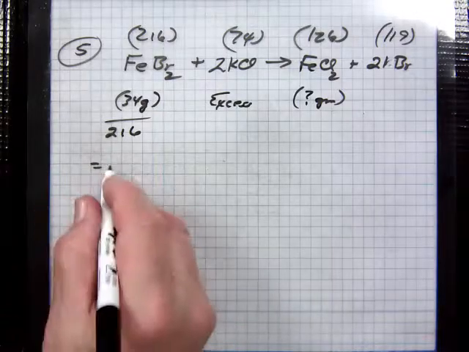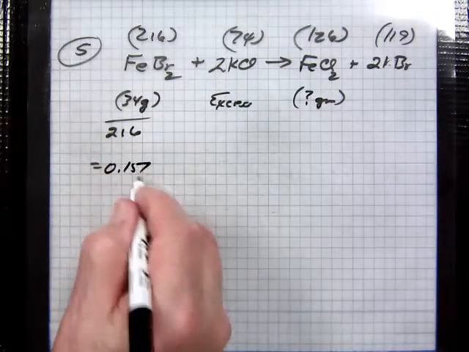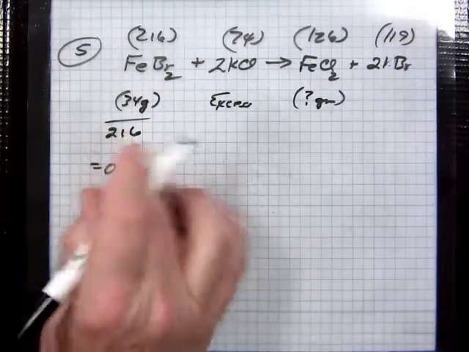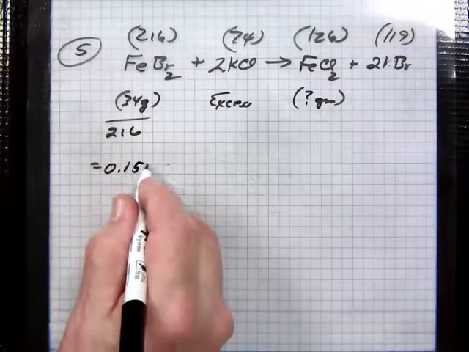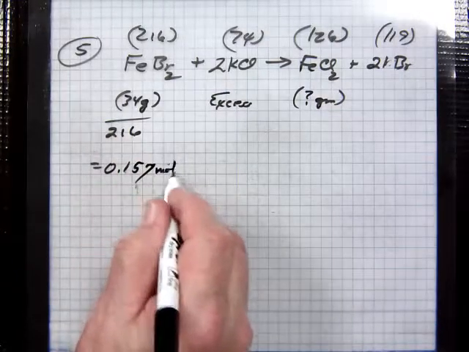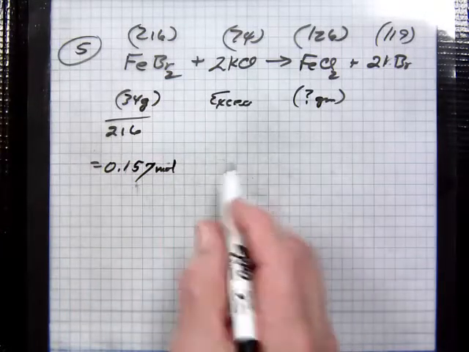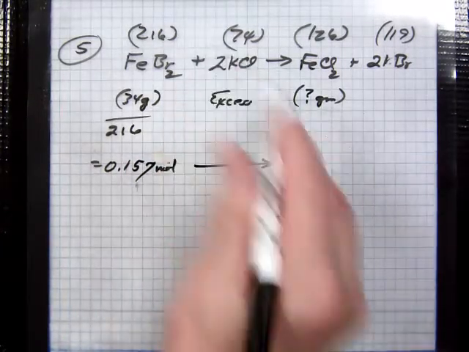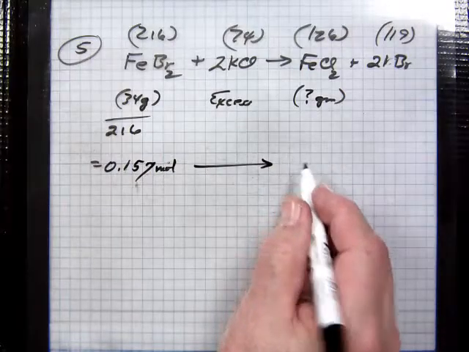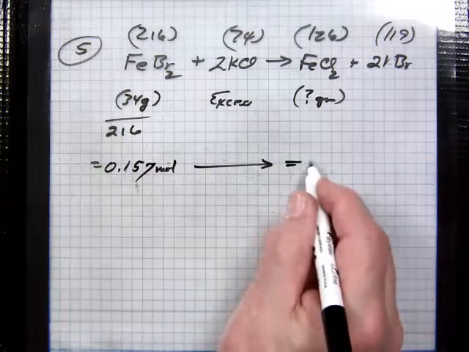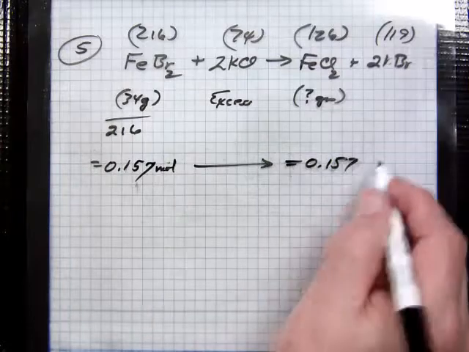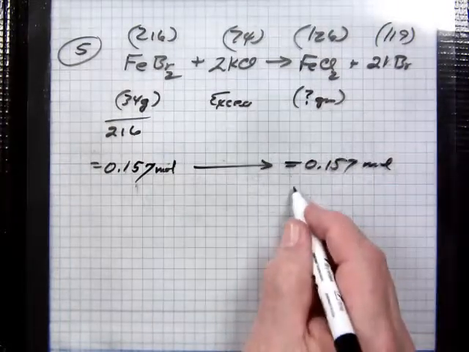And I have 0.157 mole of the iron bromide. Yeah, I was hoping for multiples, but that's not what they gave me. So that was going to give us a 0.157 mole theoretical yield.